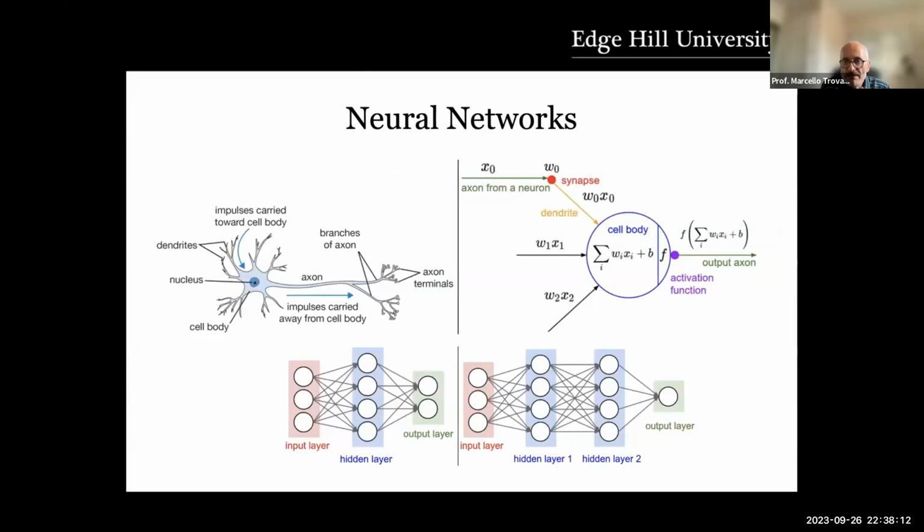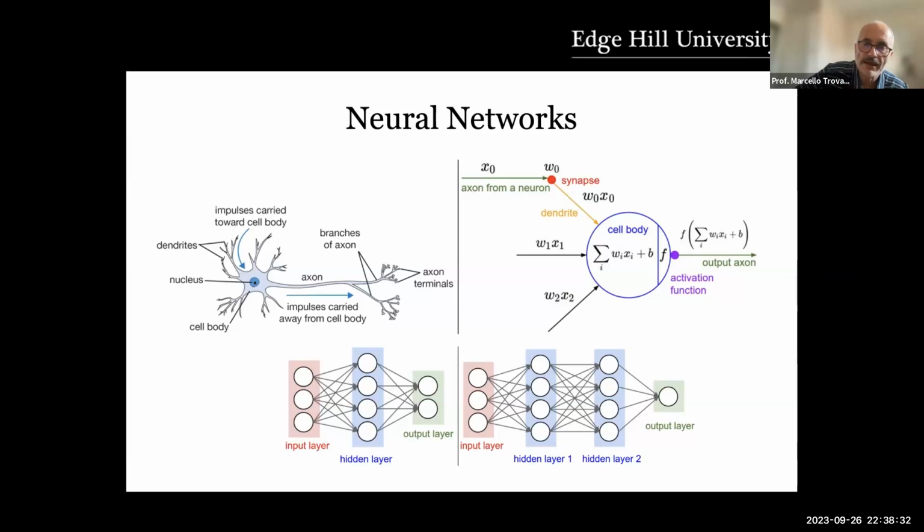Now, how do we address this? Again, I will go through the main techniques applicable to these areas, and they've been used also for GenAI. One of the most basic techniques is neural networks.